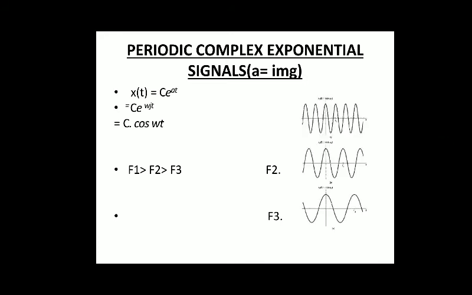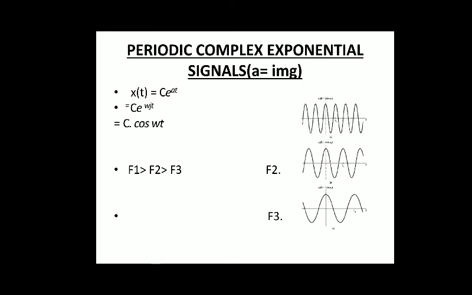If the value of a is imaginary in nature, the signal is called a periodic complex exponential signal. Something like c e to the power j omega t, where a is equal to j omega. So where is this f coming from?